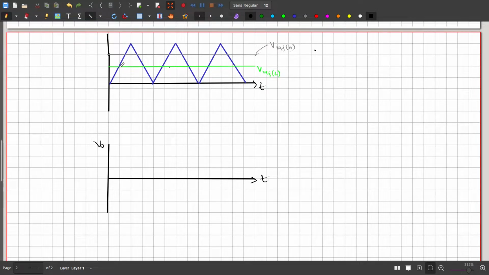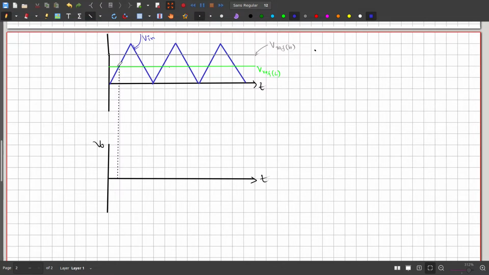So at this point, Vin is less than Vreference. In this region, the input voltage is less than both the lower and upper threshold references.